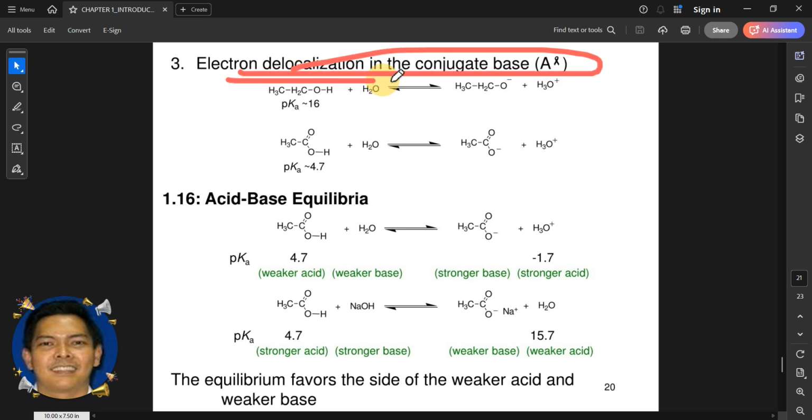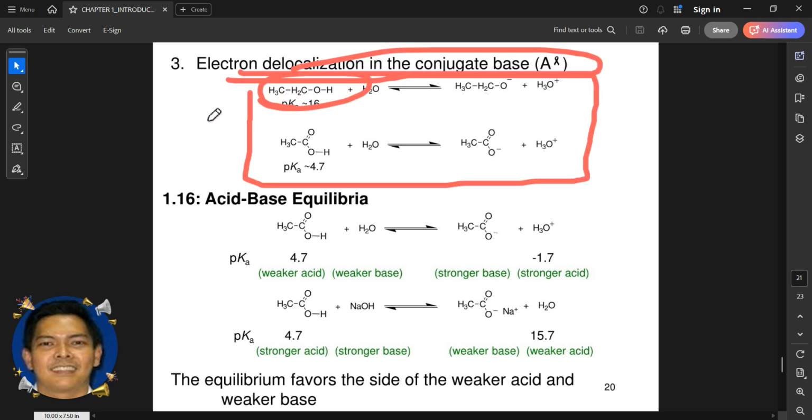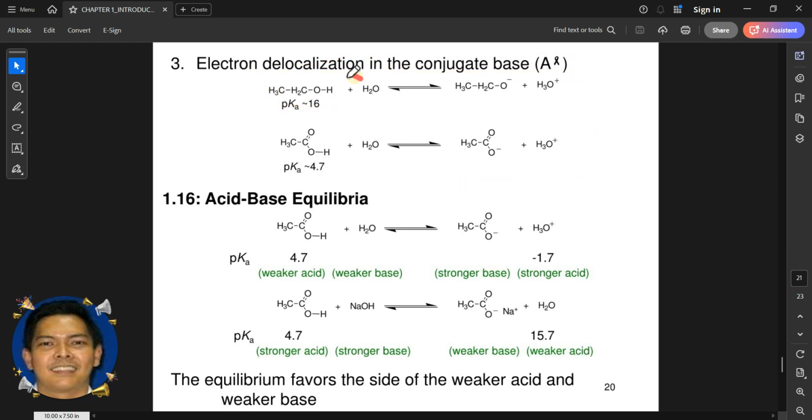This is an example of electron delocalization in a conjugate base. You can see how the molecule reacts with water to form the conjugate base with electron delocalization.